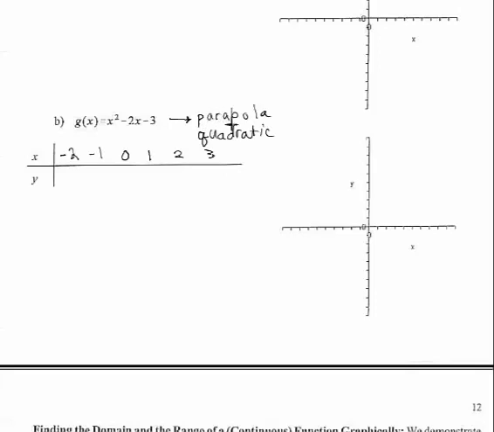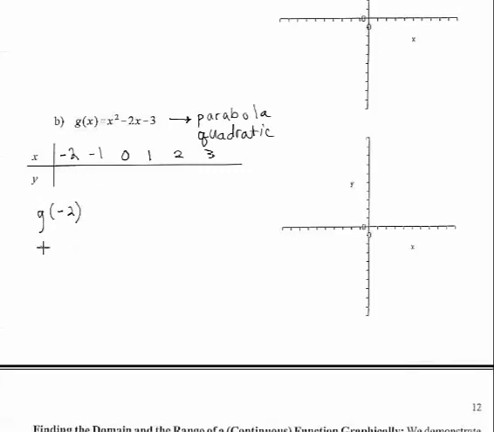Okay, and if you did remember that this is a parabola, then you probably know that it's going to be curved, and that's the case with any polynomial that has a higher exponent than 1. Okay, in this case we have 2, and so when we graph this, it's going to have a curve to it. So let me calculate all of these outputs.